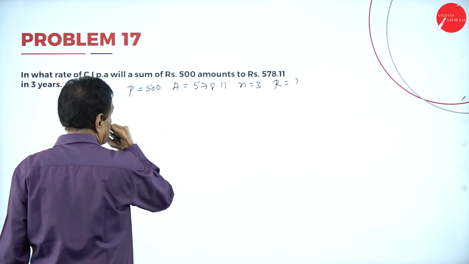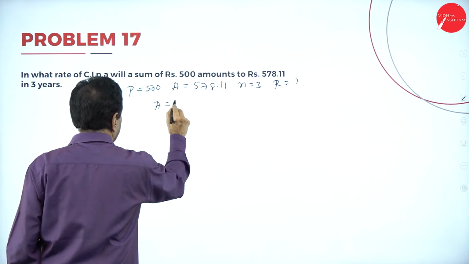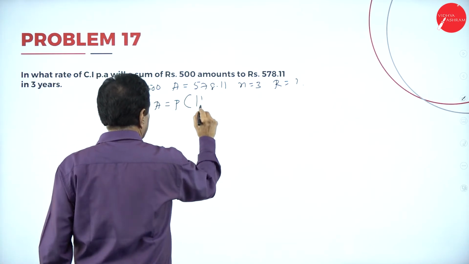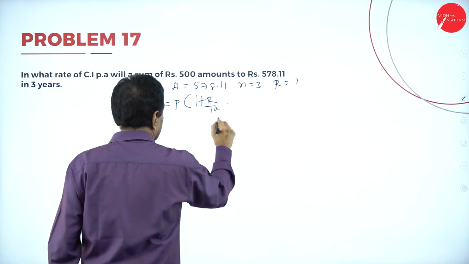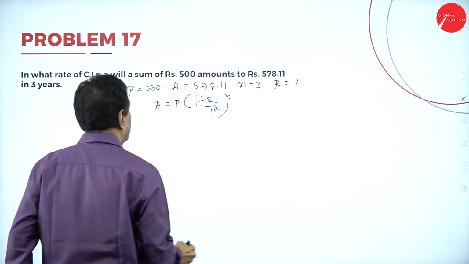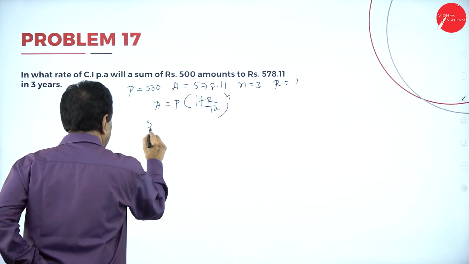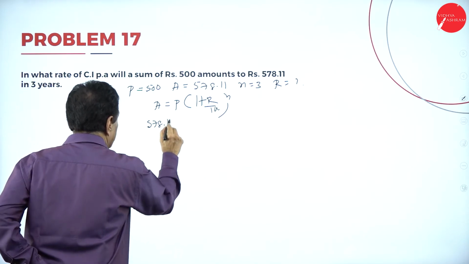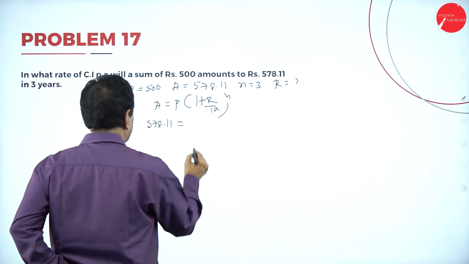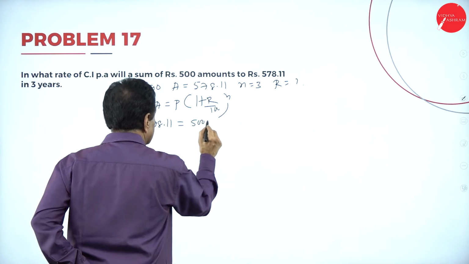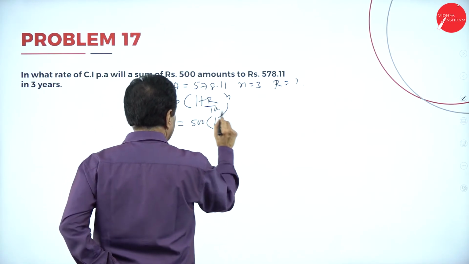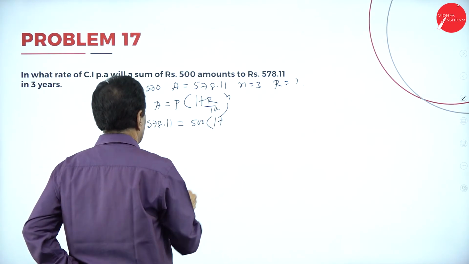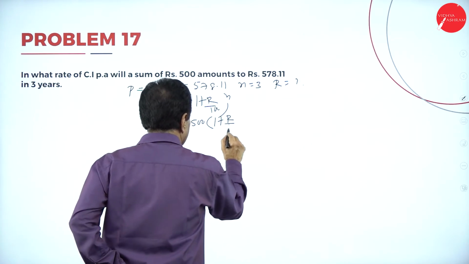For compound interest, what's the formula? A is equal to P into (1 plus R over 100) to the power of n. What's your A? 578.11. What's your principal money? 500 into (1 plus R over 100).